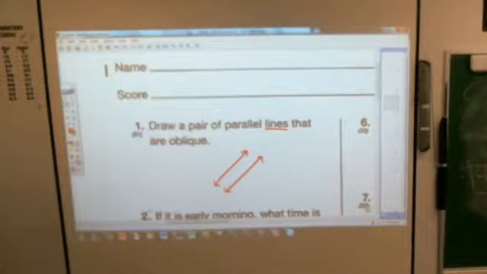Number 6 is 60. Number 7 is 800. Number 8 is less than.